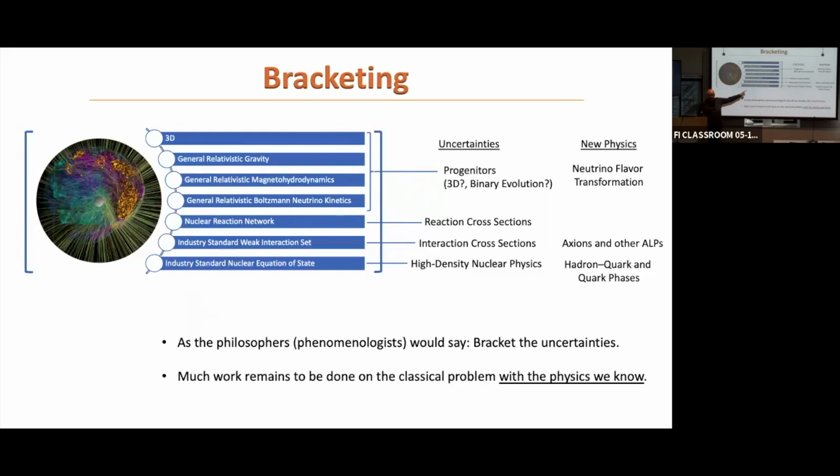Now, the other thing is that I've basically treated the problem completely classically, and that's another way of bracketing. Right now, we know that neutrinos have mass and they mix.